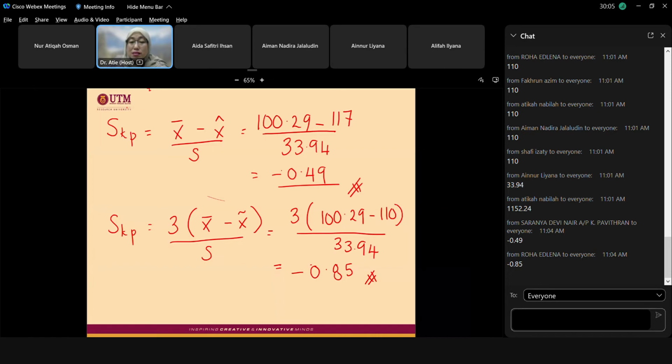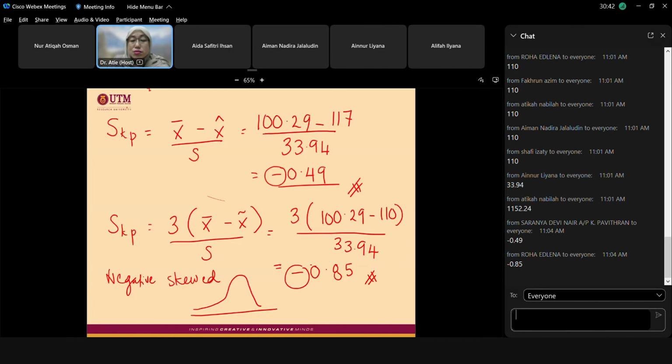If both of the answers are negative, we can conclude that this data is negative skewed. The graph that we can draw from this answer will be like this. So it's negative skewed, or negative skewness.